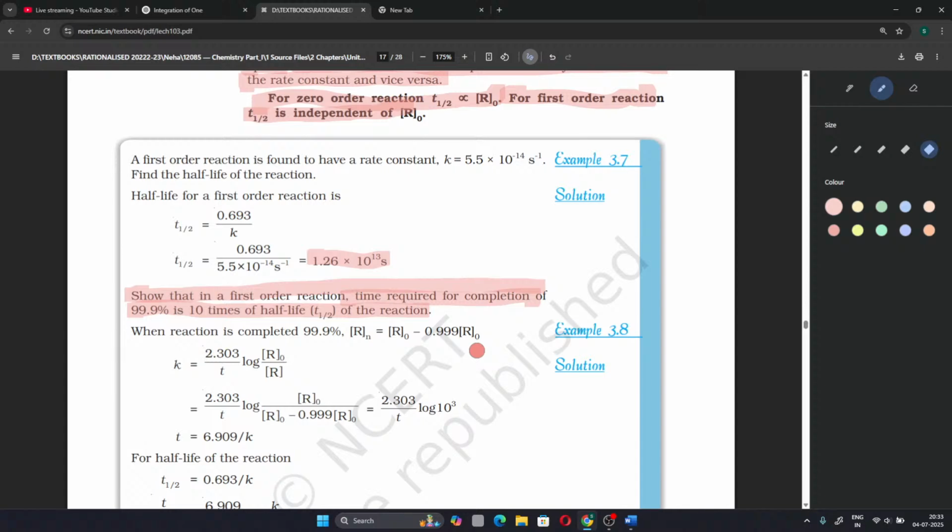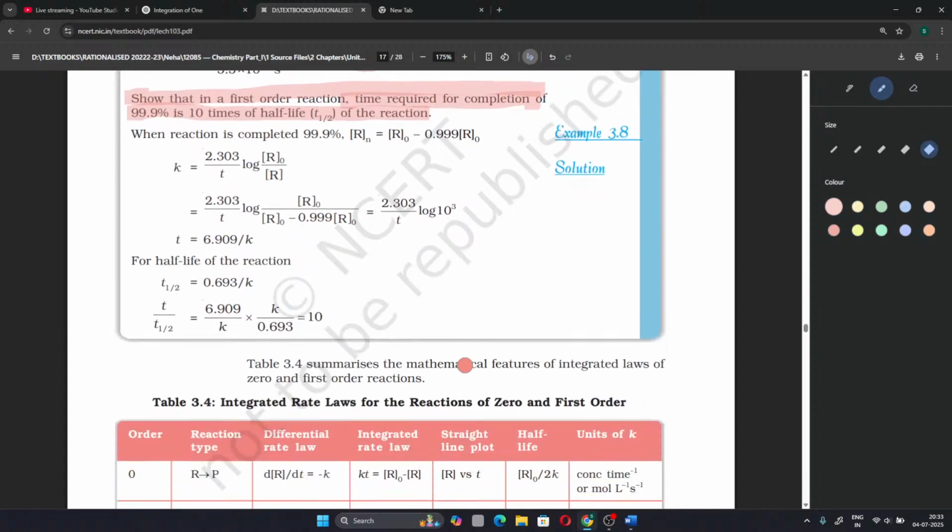Let's see the first scenario, where the reaction is 99% completed. We can substitute R naught by R, which will approximately give a value of 10 power 3, so log of 10 power 3, which is 3 times 2.303 by K. So 6.93 is approximately 10 times the half-life.